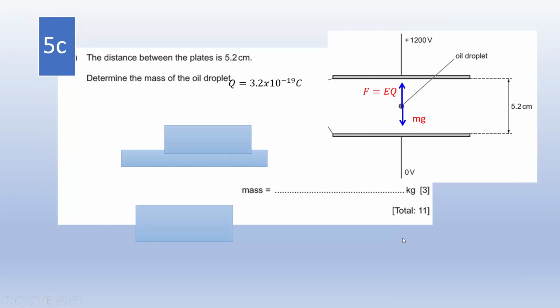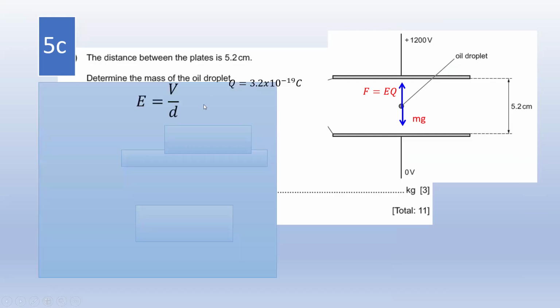The distance between the plates is 5.2 cm. Determine the mass of the oil drop. Electric field strength, this one divided by the distance, change it to SI unit, cm to meter. Calculate it out.